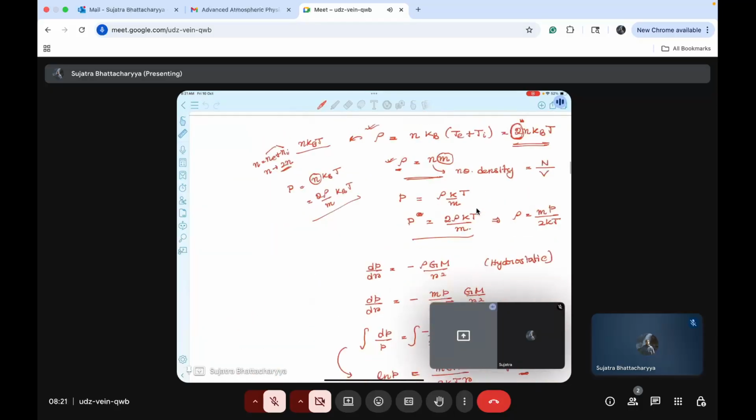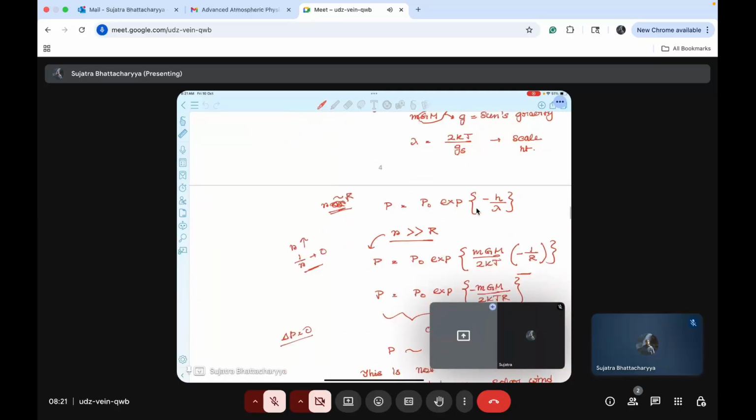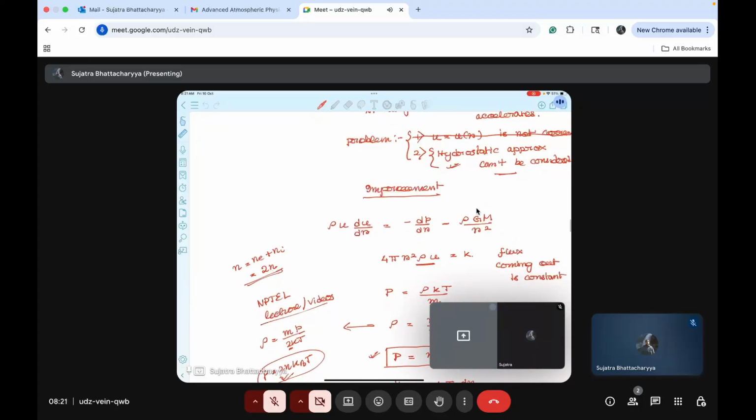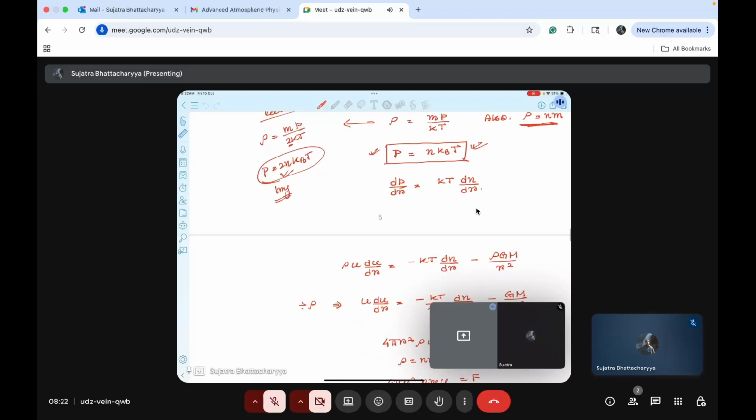We have seen that the hydrostatic approximation results in deviation from the theory, and it is creating problems. Improvement is made. We have not taken the hydrostatic approximation, and one change I have made, that since the plasma is a single fluid, we are taking Q equal to n kB T. But in the NPTEL lecture note, it is 2n kB T. So be careful. With 2n kB T, you will never get the final expression which it should be.